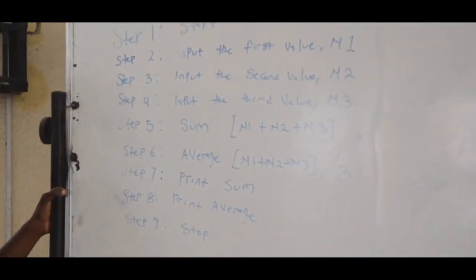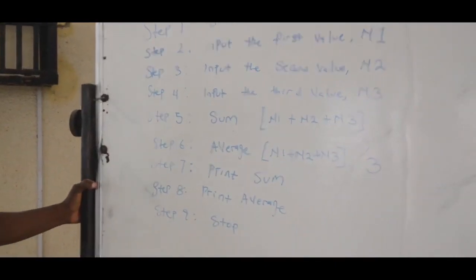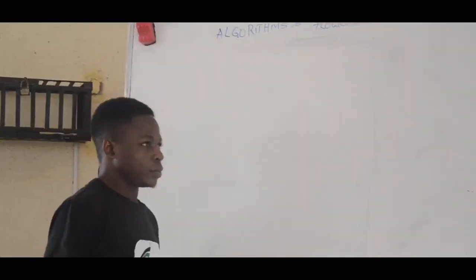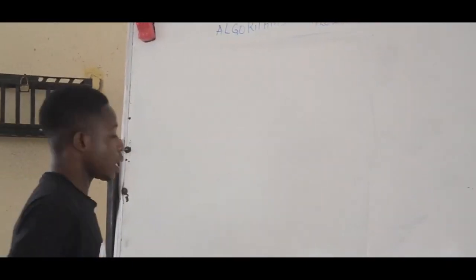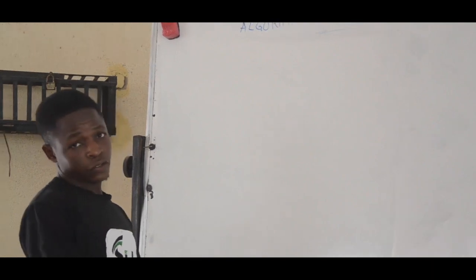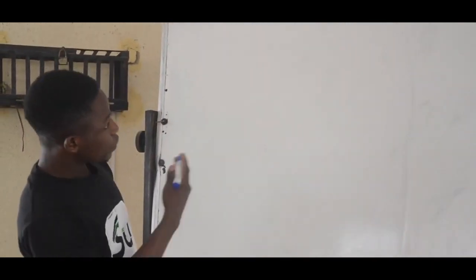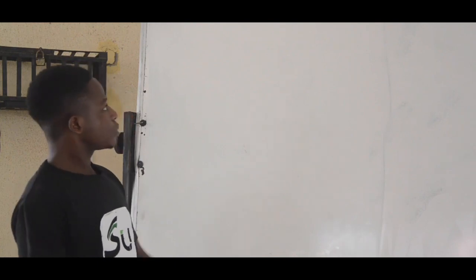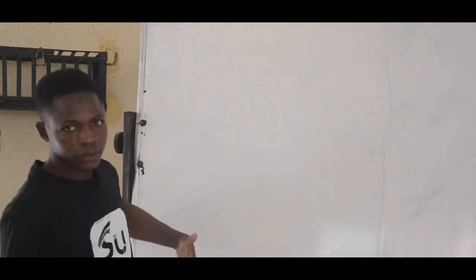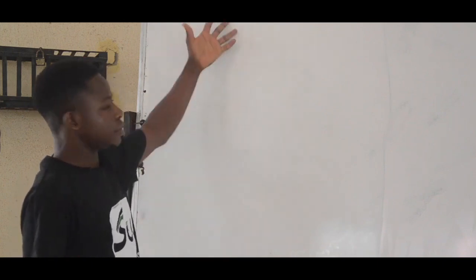So the next thing, we move to flowcharts. We've already discussed algorithm, and we said it's a set of steps in solving a particular task or problem. So a flowchart is just the diagrammatic representation of an algorithm. It's very simple. Instead of writing all the steps, we now use diagrams to represent the algorithm.